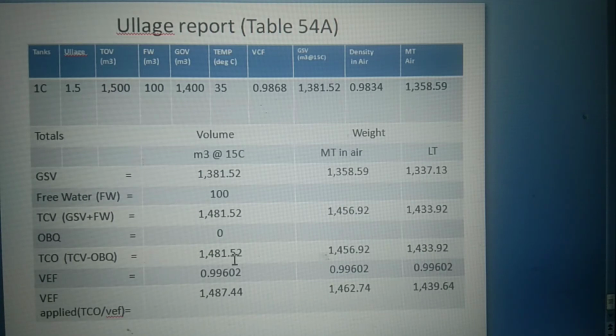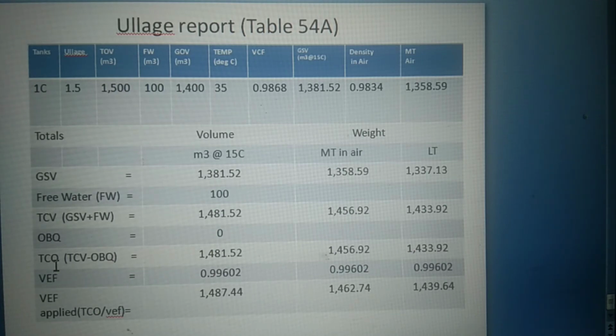Okay guys, now we will also put our BEF, vessel experience factor. Okay guys, so let's say for example this is our vessel experience factor, 0.99602.